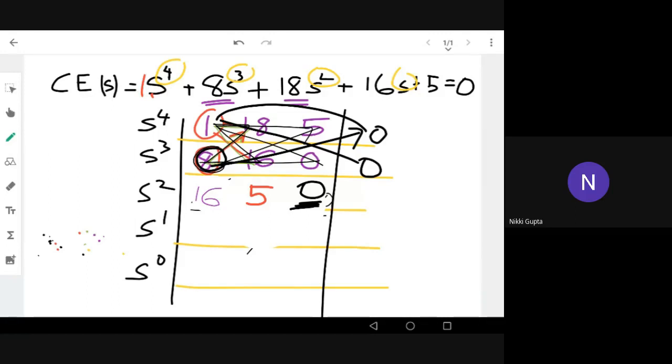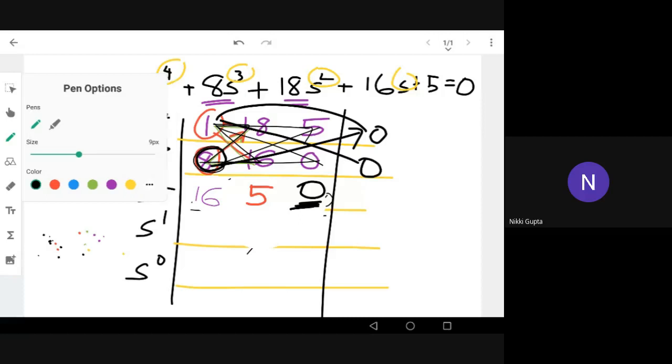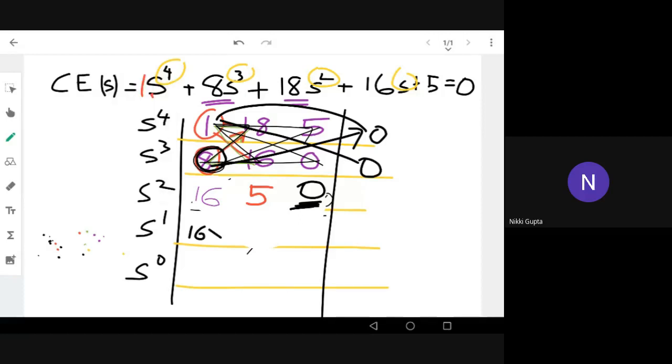Right now the element is 16. Start with 16 into 16 minus 8 into 5, divided by 16. This is the first element of the s1 row.